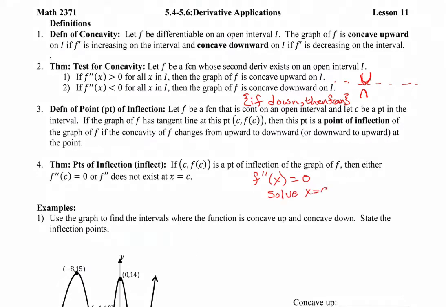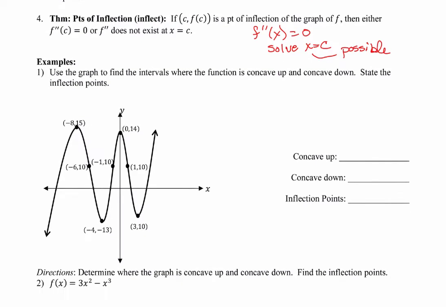So x equals c, and these are possible. Unlike when we set the first derivative equal to 0, where we actually get relative maxes or mins, these are only possible. Okay, now let's look at this example.